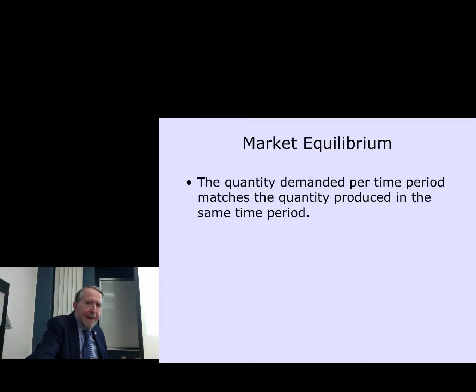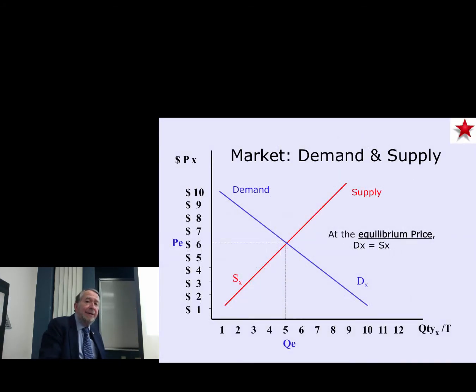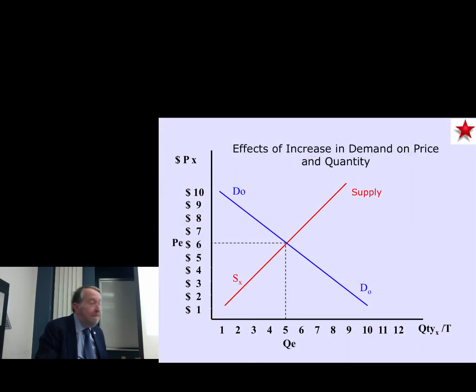Good. Equilibrium, quantity demanded matches quantity supplied, no upward or downward pressure on price, and as you pointed out, the goods are allocated to the highest valued users. Now, what you can't see is the header, which just says what are the effects of an increase in demand on price and quantity.